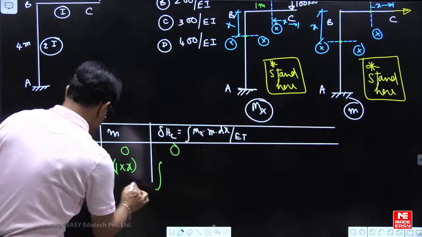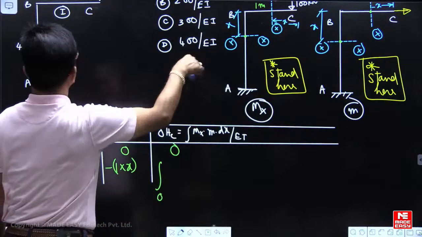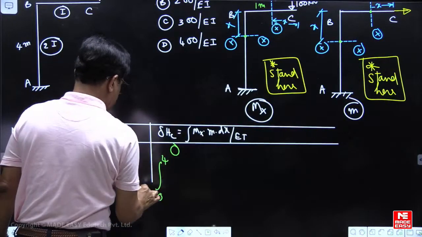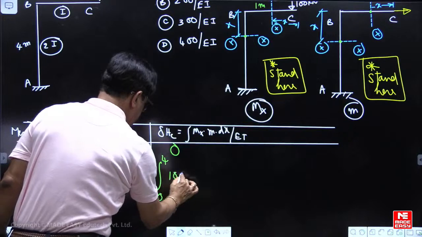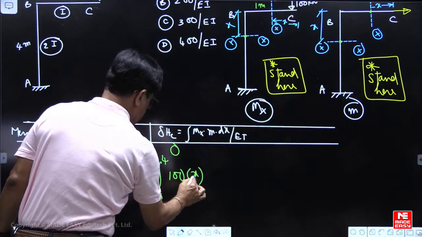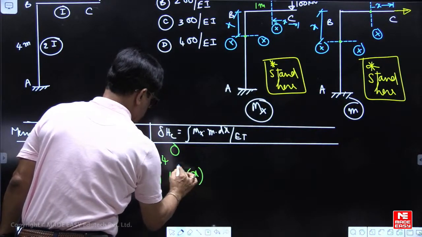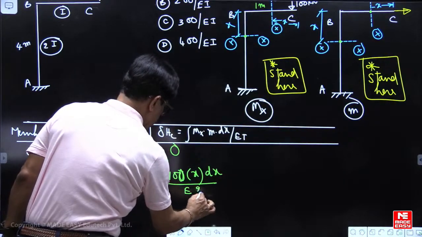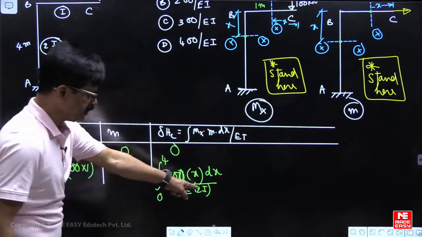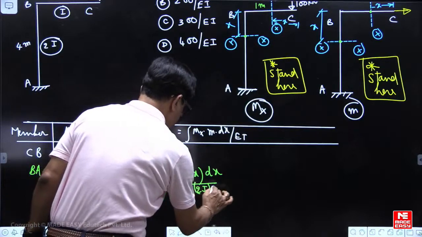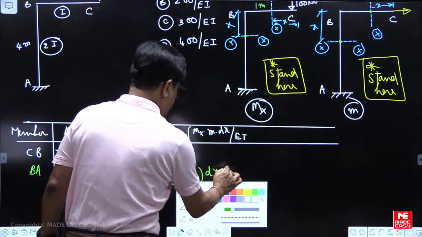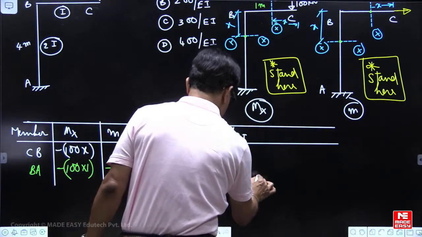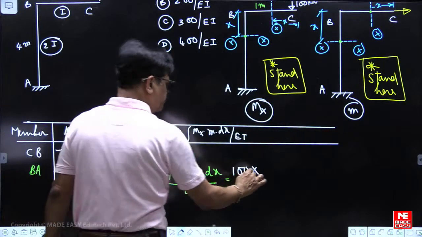So limits 0 to 4 meters, mx 100, x, I means 2I. You must be careful about this I value. So you will get 100, x means x square by 2.